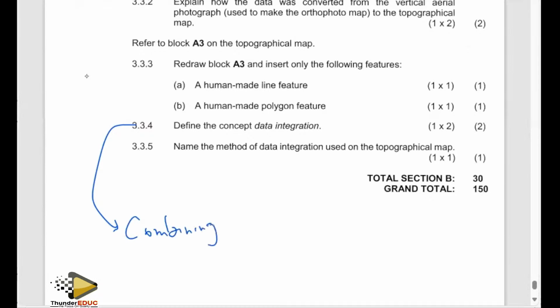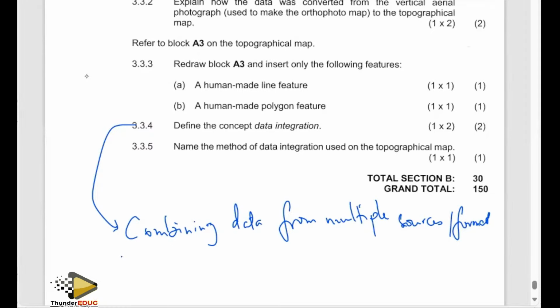So I will say it's combining data from multiple sources or from multiple formats, whatever, into a unified view.